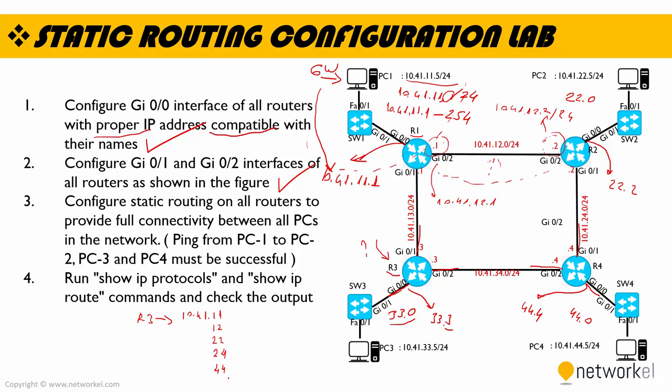Alright. Because router 3 is not directly connected to these networks, and router 3 doesn't know how to get to these networks. So I'm going to teach these networks to router 3 using the static IP configuration. Alright.